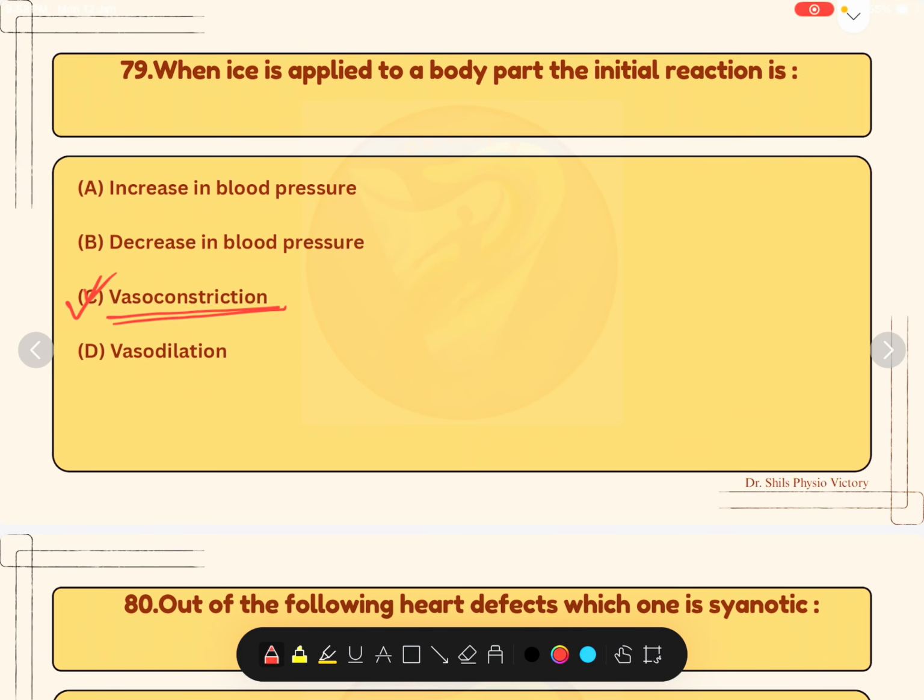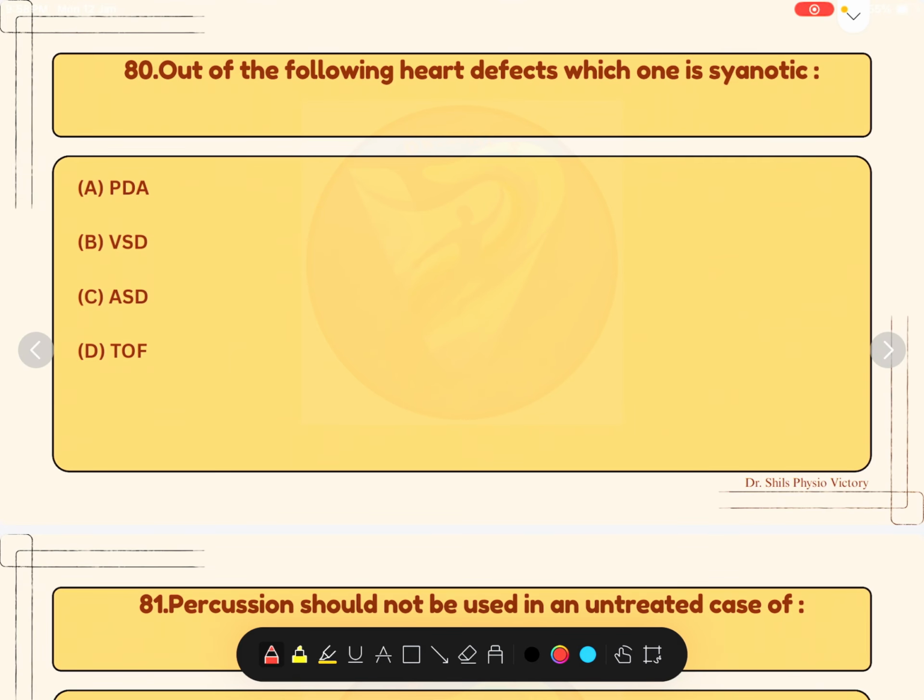Next, come to question number 80. Out of the following heart defects, which one is cyanotic? Option A, PDA, option B, VSD, option C, ASD, option D, TOF.